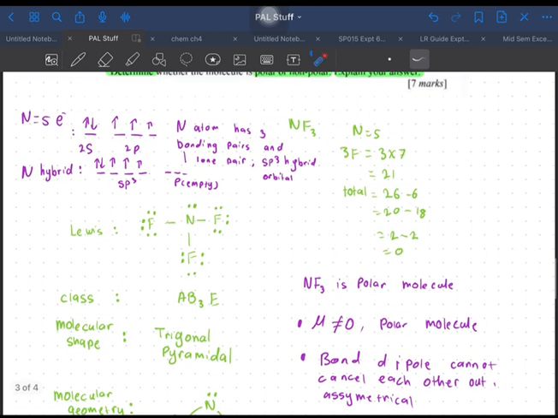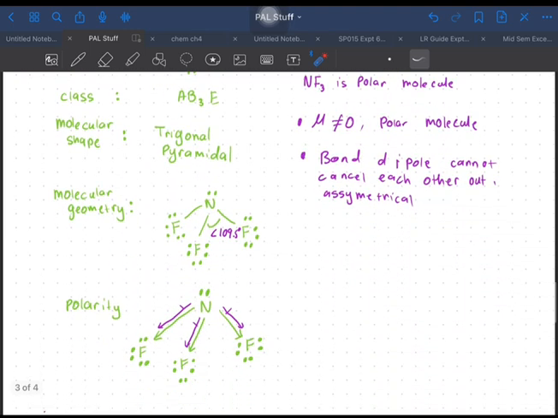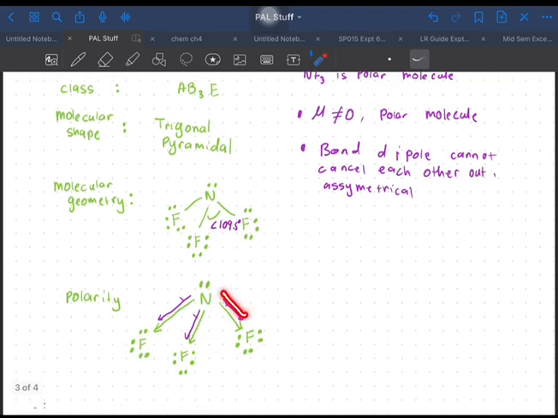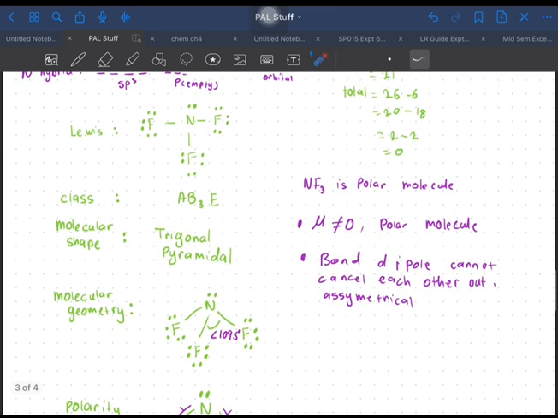Next, we explain why it's a polar molecule or non-polar. So NF3 is a polar molecule because the covalent bond between atoms of different elements is polar. Thus the molecule is a polar molecule, and the dipole moment mu is not equal to 0. The bond dipoles cannot cancel each other out because it's asymmetrical.